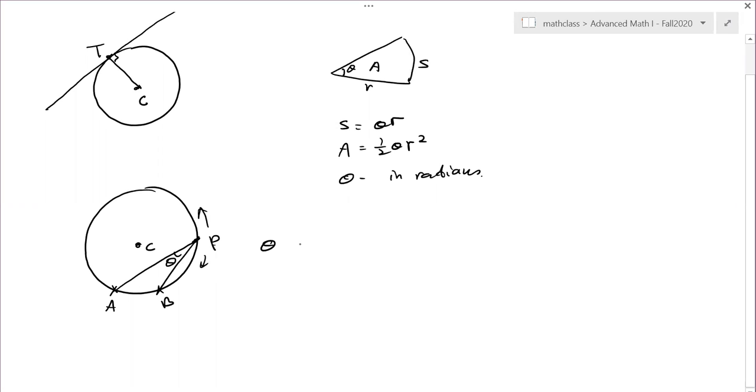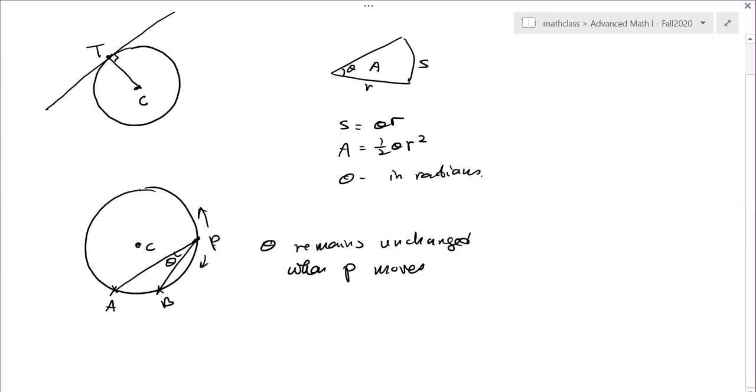So theta remains unchanged when P moves around the circle. It's always a constant.